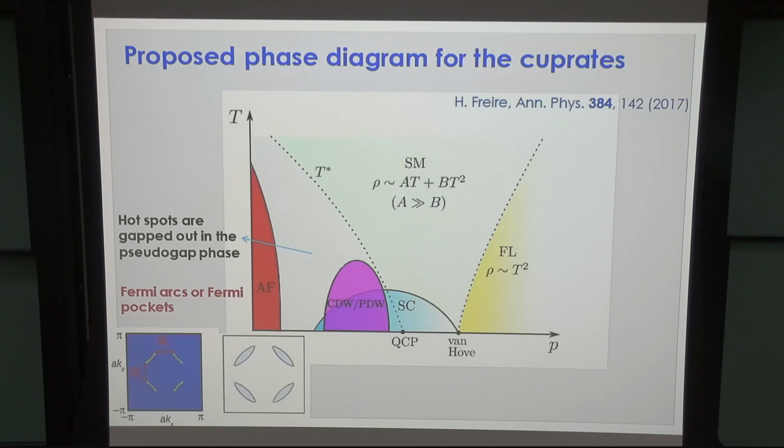So according to this calculation, the resistivity should be given by a quadratic term inside the pseudogap phase. So one would obtain a Fermi liquid-like transport inside the pseudogap. Even though I'm not saying that the pseudogap is a Fermi liquid, I'm just saying that it obeys a Fermi liquid-like scaling.